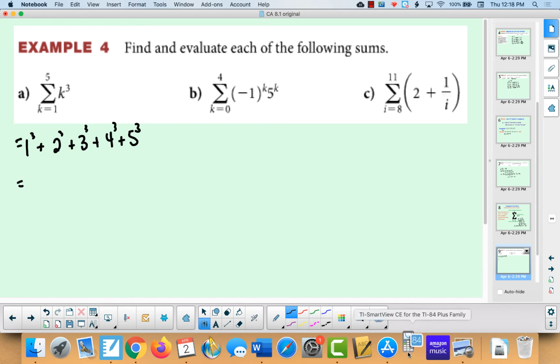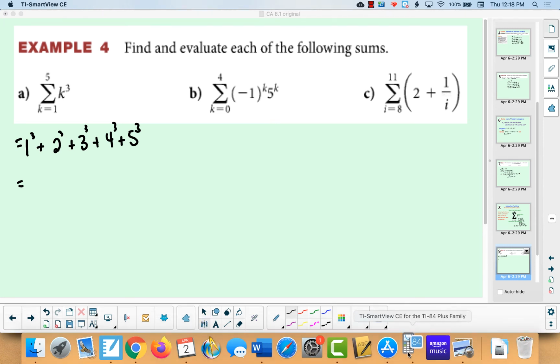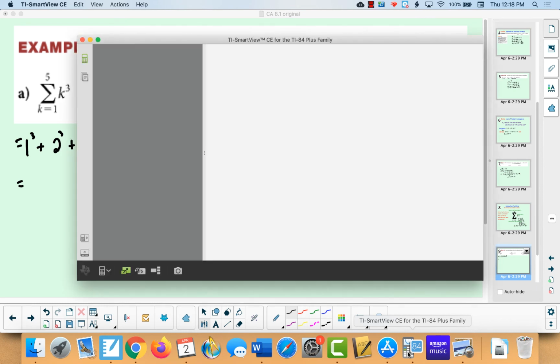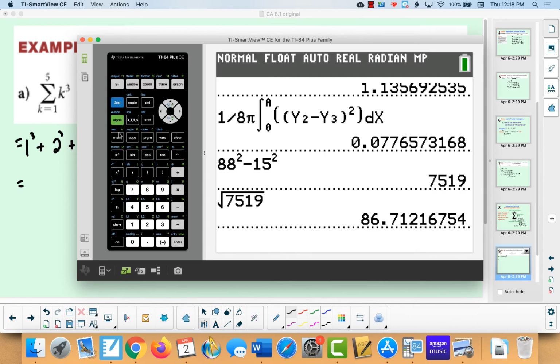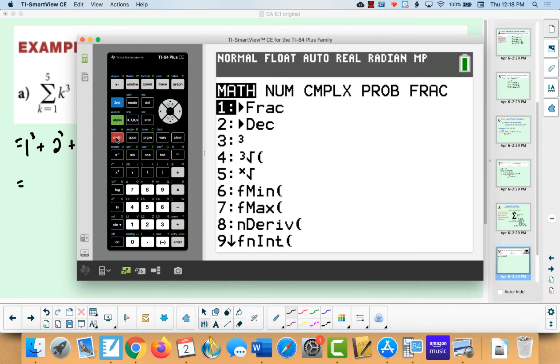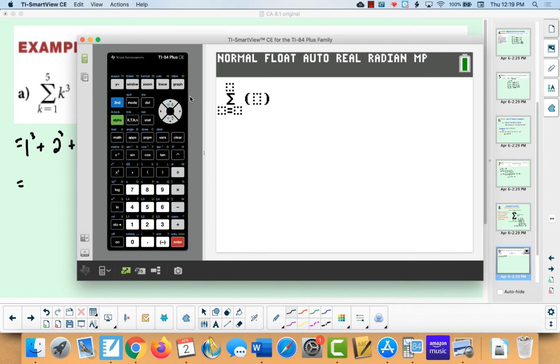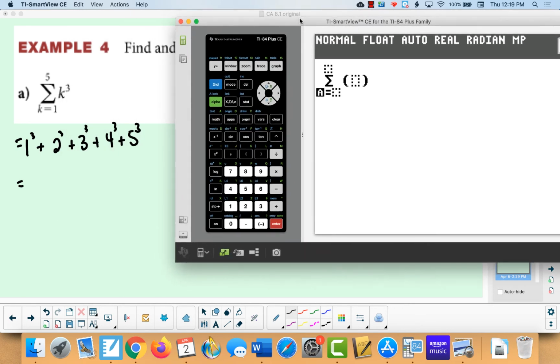The other thing that we can do in your calculator is hit math and then go down to the 0. That's summation. So notice this A is blinking right here. That means alpha, and what that means is these letters are going to come up.